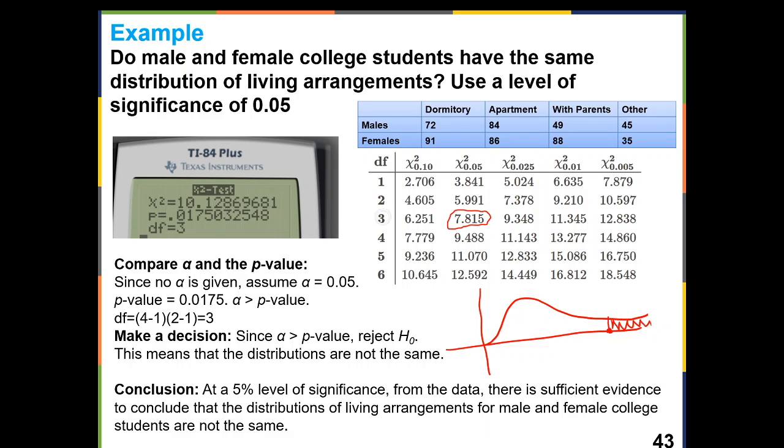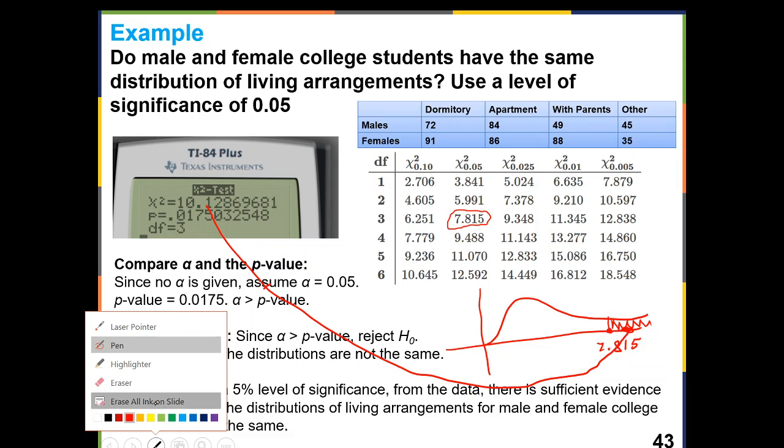So you see degrees of freedom, and these are how much area is to the right of the number. So for degrees of freedom of 3, we go 5% to the right, so it's 7.815. Now we know our test stat is 10 point something, right? So if you bring that, you see it falls in the rejection region. If you were to do this with rejection region, that's how you would do it. Okay?